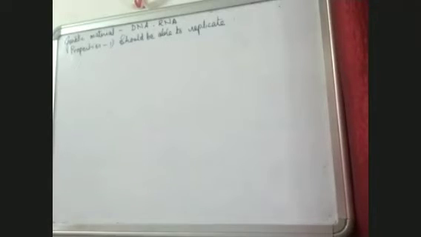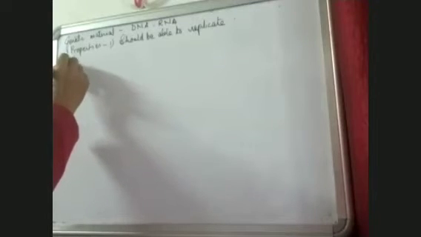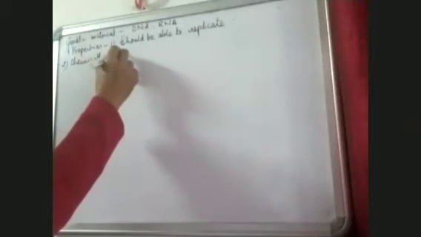That means it should be able to form its copy. The second property is it should be chemically and structurally stable.